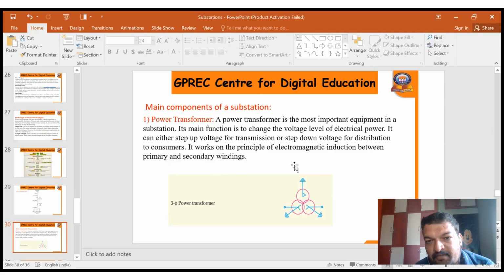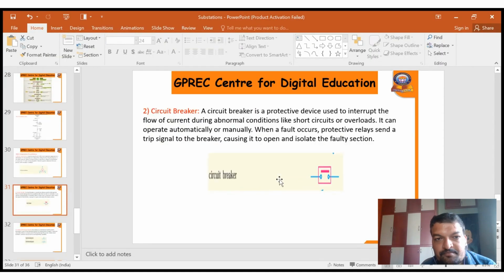It works on the principle of electromagnetic induction, like an ordinary transformer based on mutual induction. It contains two windings, primary and secondary. The electric supply is given to the primary winding, and due to the property of mutual induction, the voltage will be induced in the secondary winding. This is the first equipment that we are using in a substation.